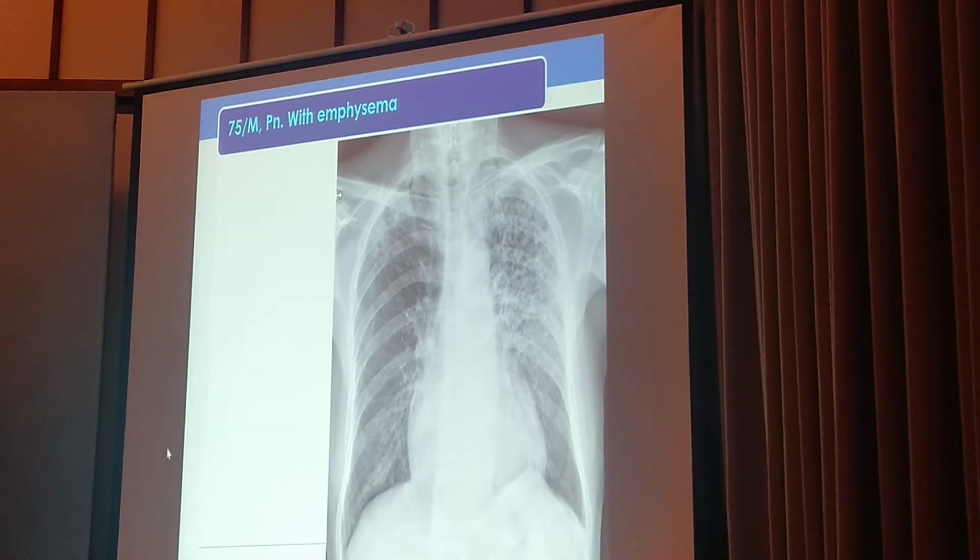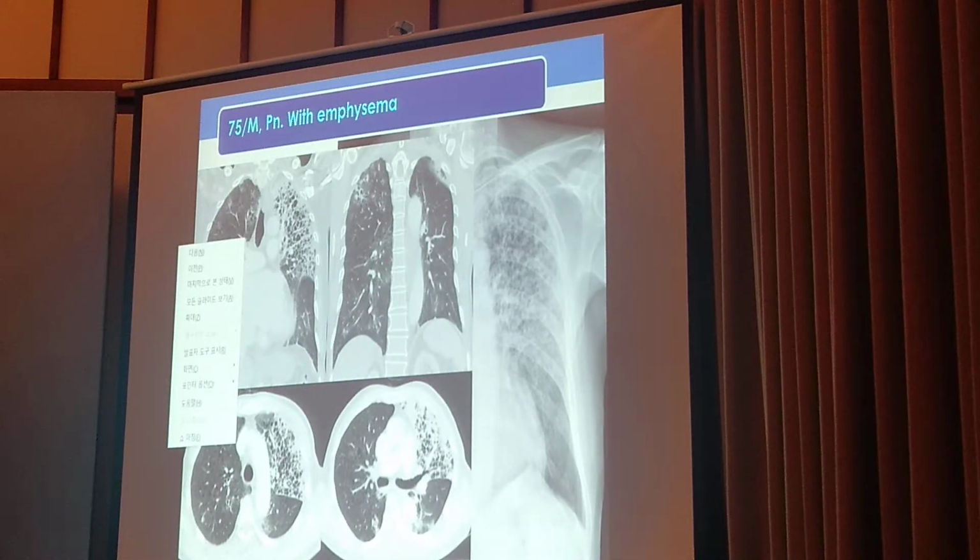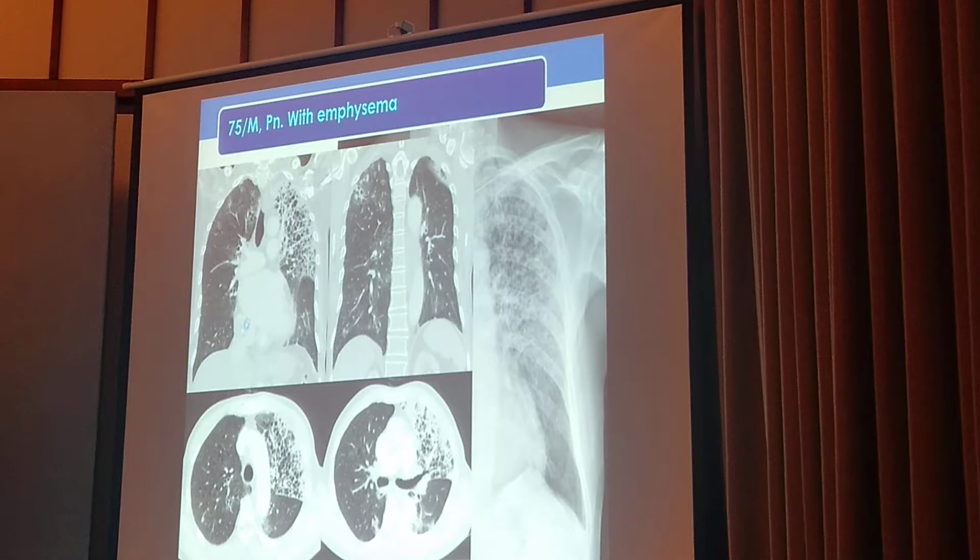Is that a case of tuberculosis? And the CT scan shows left upper lobar consolidation, but on careful examination of the CT, there are diffuse centrilobular nodules and centrilobular emphysema. So the emphysema makes the consolidation inhomogeneous, mottled opacity.